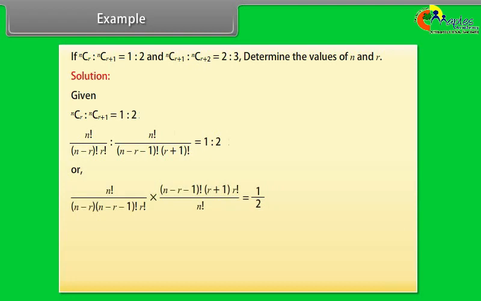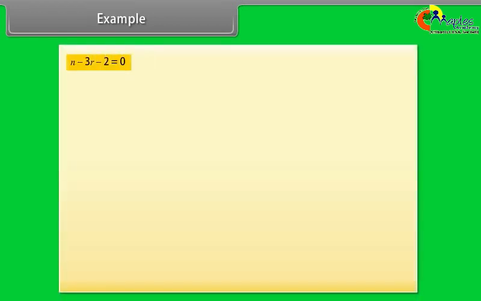Or n factorial by (n minus r) into (n minus r minus 1) factorial into r factorial, multiplied by (n minus r minus 1) factorial into (r plus 1) into r factorial by n factorial is equal to 1 by 2. Or (r plus 1) by (n minus r) is equal to 1 by 2. Or n minus 3r minus 2 is equal to 0.